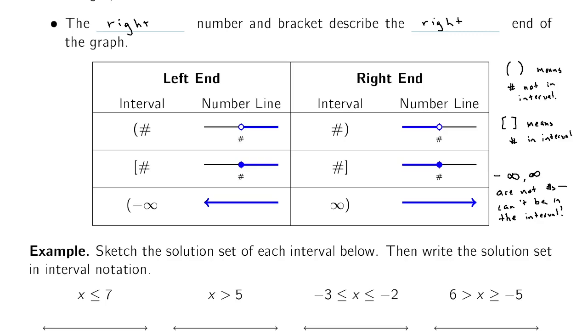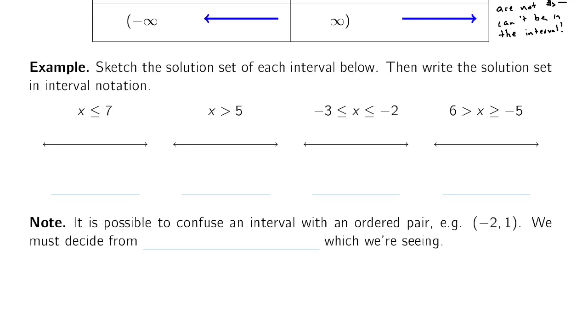It's helpful when you're writing interval notation to either actually draw the graph or at least imagine the graph. So we've got some inequalities here. We're going to represent their solution sets in interval notation, but first we're going to sketch a graph. So x is less than or equal to 7.